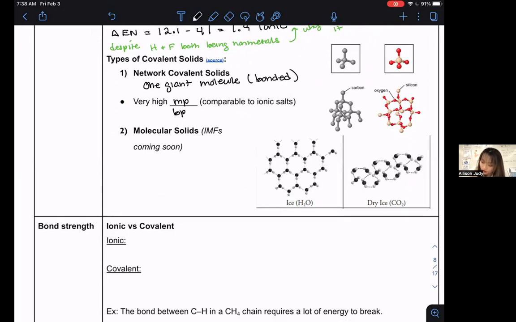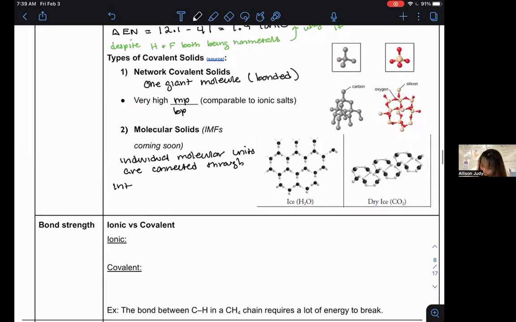So in these solids, individual molecular units are connected through, okay, intermolecular forces. But they are not actually bonded together.